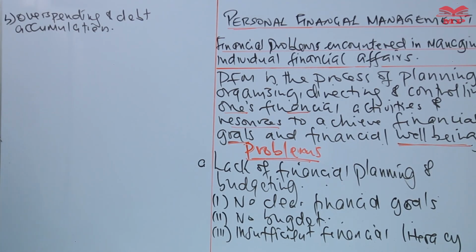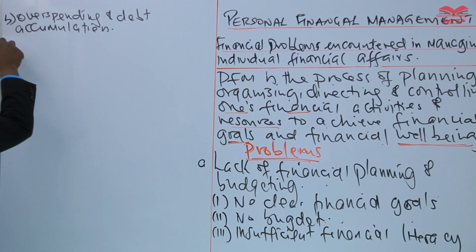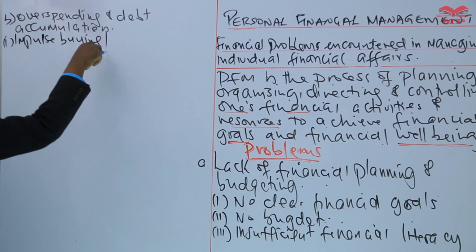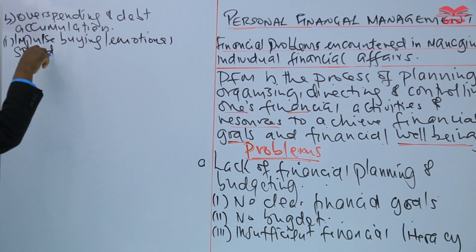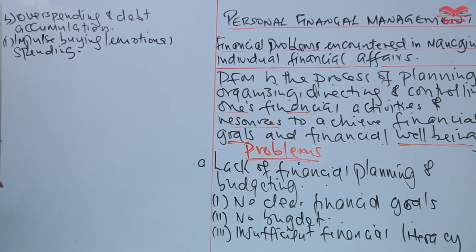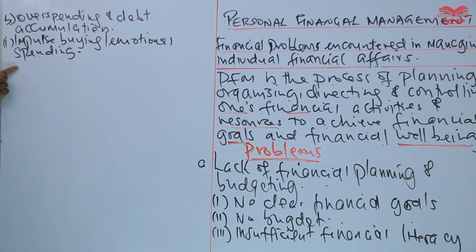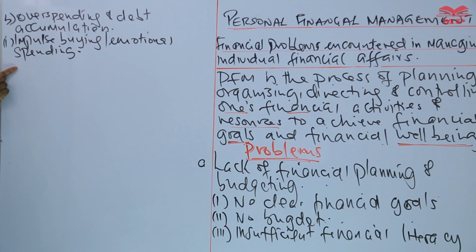Number 1, impulse buying or emotional spending. This is a problem encountered in managing individual financial affairs. Making purchases based on emotions rather than needs can lead to unnecessary debt.